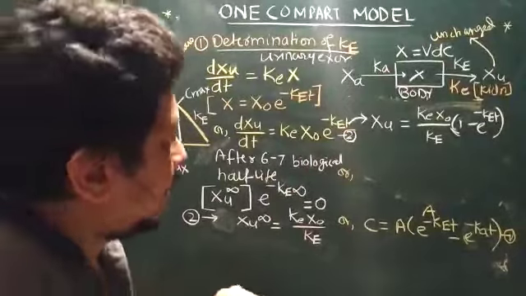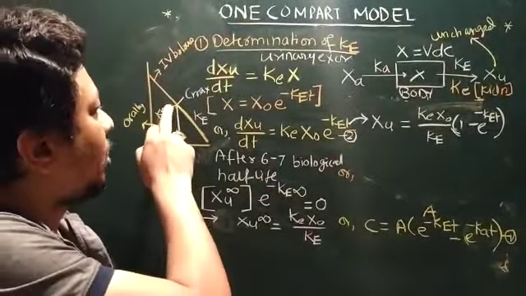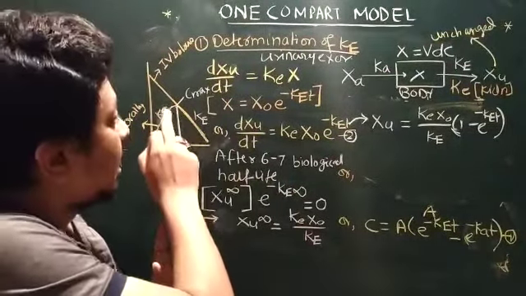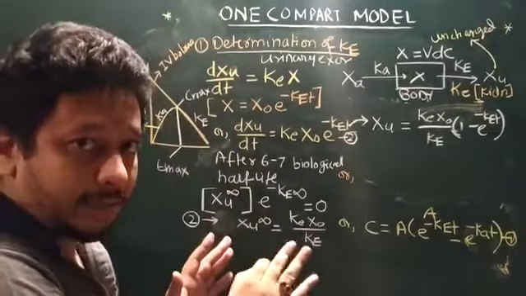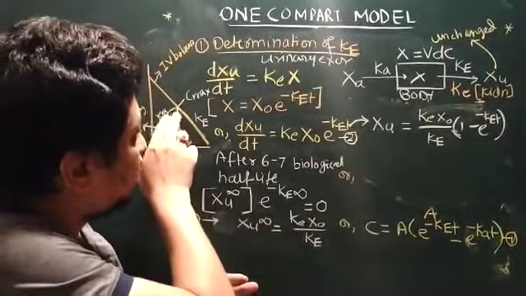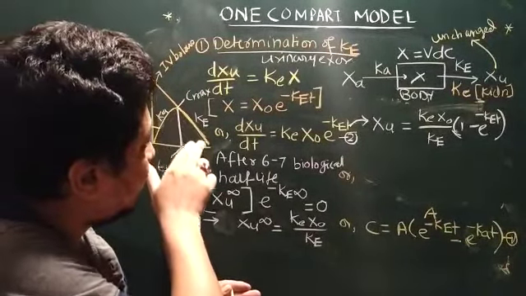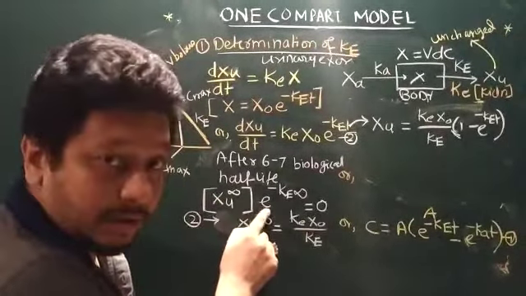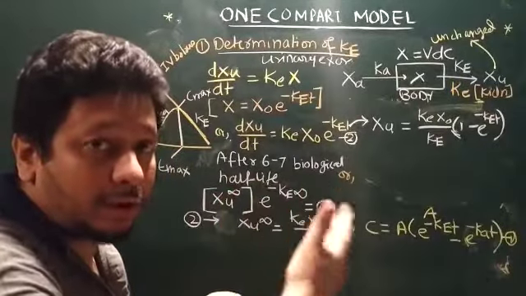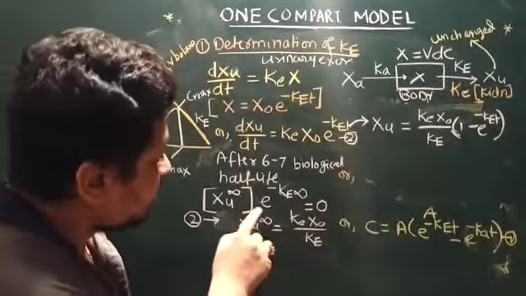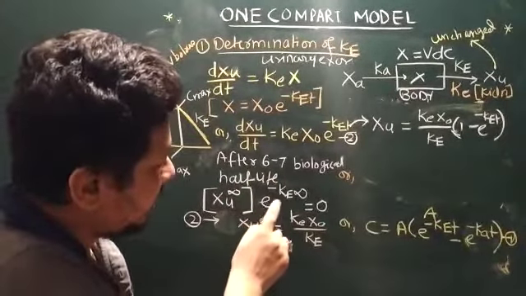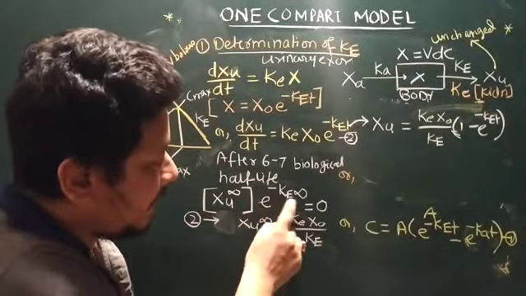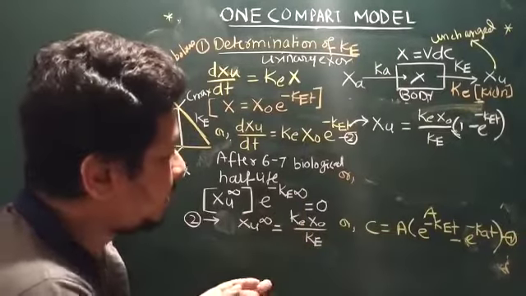Now, in this case, if you see, this is absorption at peak, Cmax. Now, this is the phase where the drug is getting eliminated from the body. After 6 to 7 biological half-lives, the elimination tends to 0 because the elimination is almost complete. That's why after 6 to 7 biological half-lives, I have written infinity.